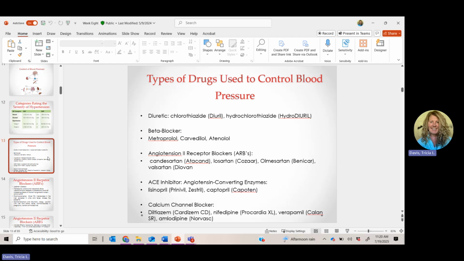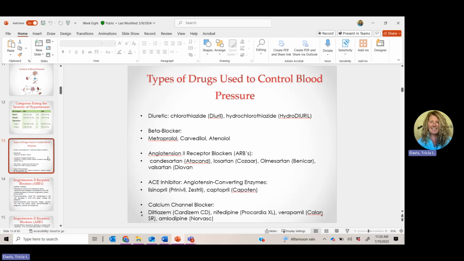We have our beta blockers. I always remember our beta blockers because the last three letters of these medications are LOL. And I always think to myself, beta blockers make me laugh out loud. So when I see a medication that ends in LOL, I know it is a beta blocker. We have our ARBs. Our ARBs are our angiotensin 2 receptor blockers. This is going to be your candesartan, your losartan, your olmesartan, your valsartan.